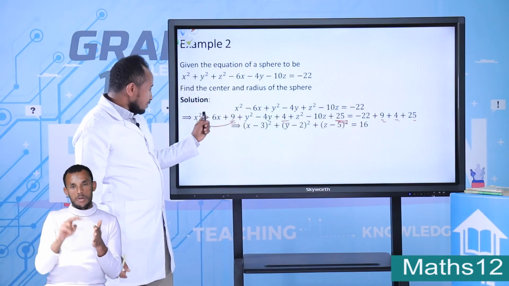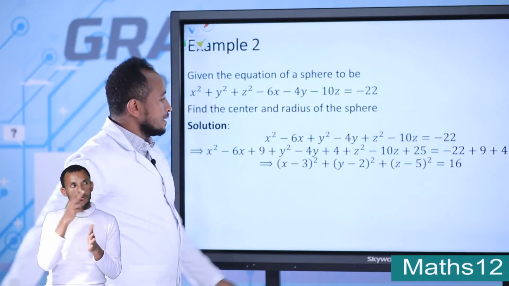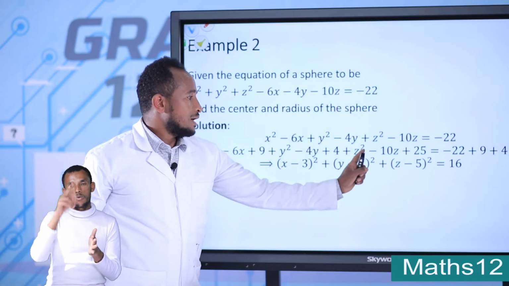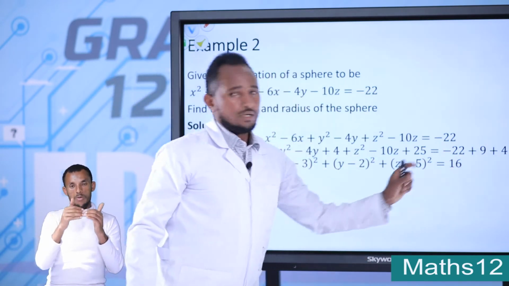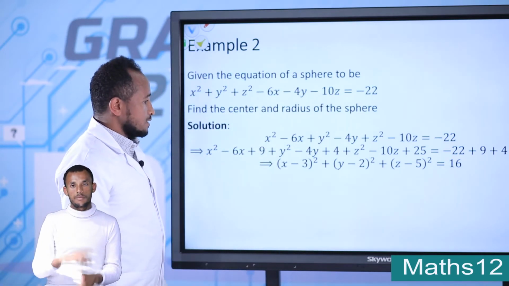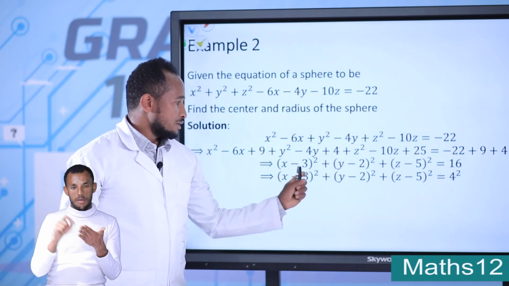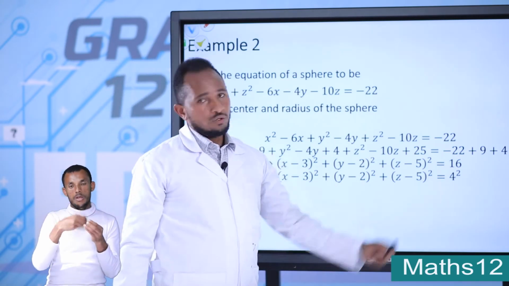Therefore, this becomes x minus 3 whole squared plus y minus 2 whole squared plus z minus 5 whole squared, is equal to the sum of this, which is 16. So I can write this in this form: x minus 3 squared plus y minus 2 squared plus z minus 5 whole squared is equal to 4 squared.